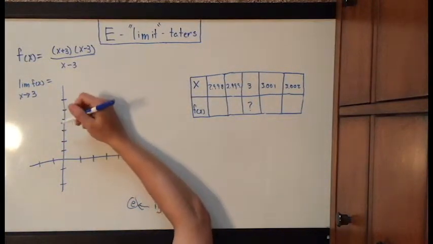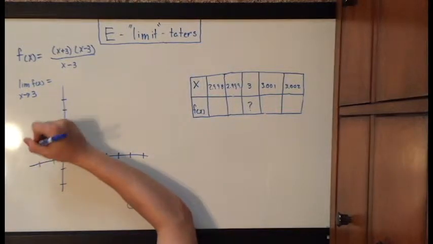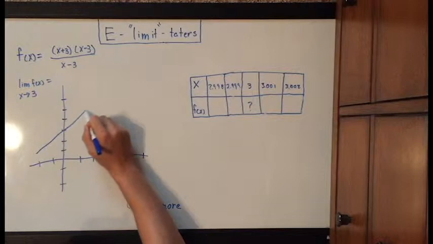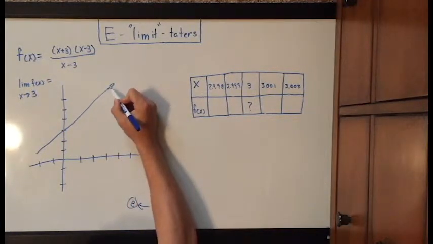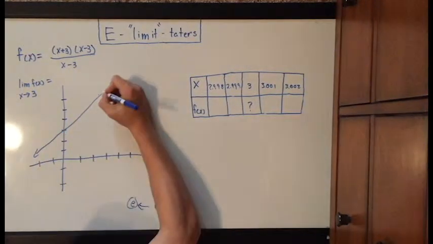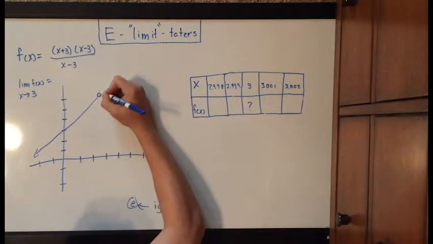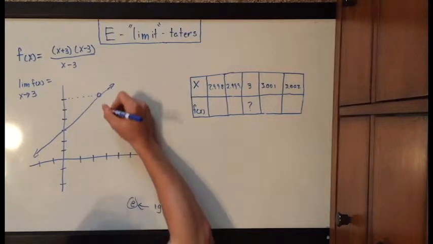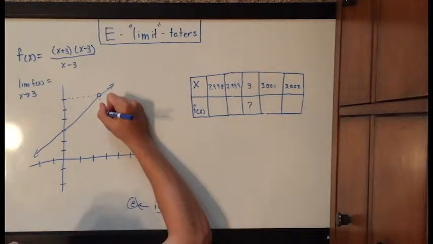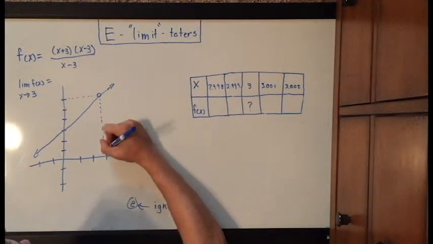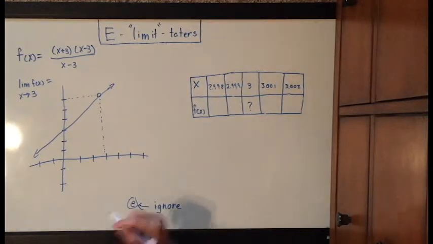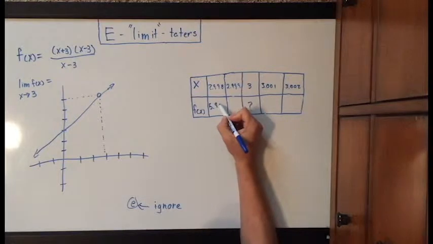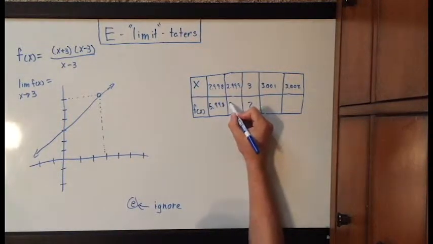As we draw this graph, you can see that we have a hole at x equals 3. The graph that we're looking at is x plus 3 times x minus 3 over x minus 3. These cancel out, creating a hole in our function.